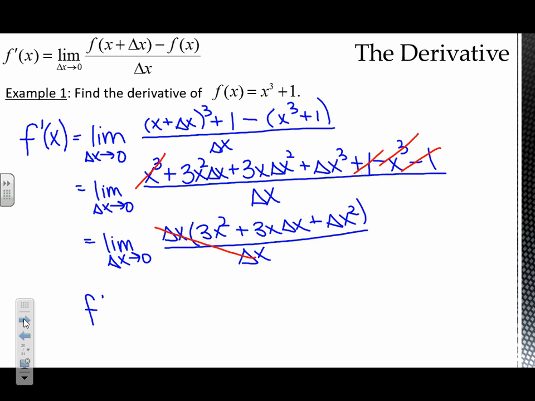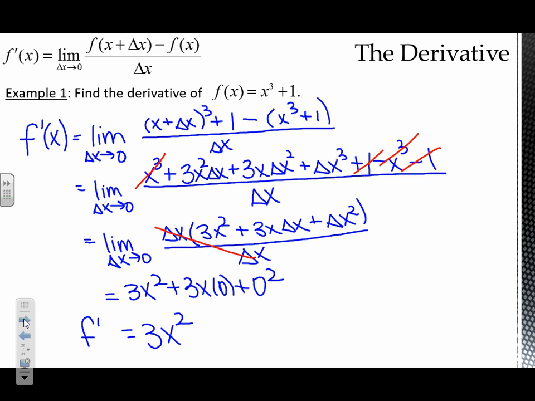So f prime of x, if we plug 0 into delta x, we get 3x squared plus 3x times 0 plus 0 squared. So we're left with 3x squared. Our derivative, which we notate f prime of x, is 3x squared.